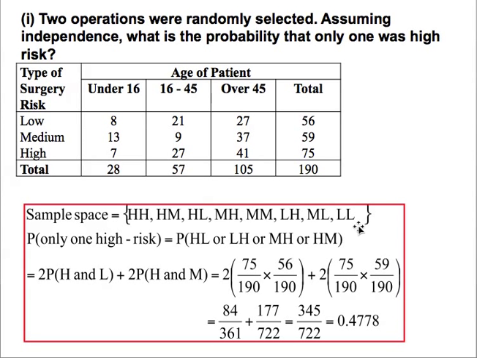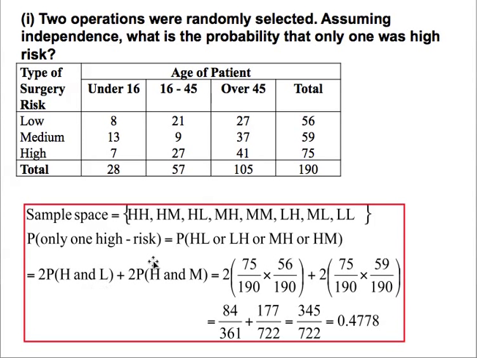All right. We're looking for the probability that one was high risk. So therefore, we will eliminate this one. So we can have high, medium, high, low, medium, high, low, high. So those combinations. Okay, so we have two with the low and high and two with medium and high.